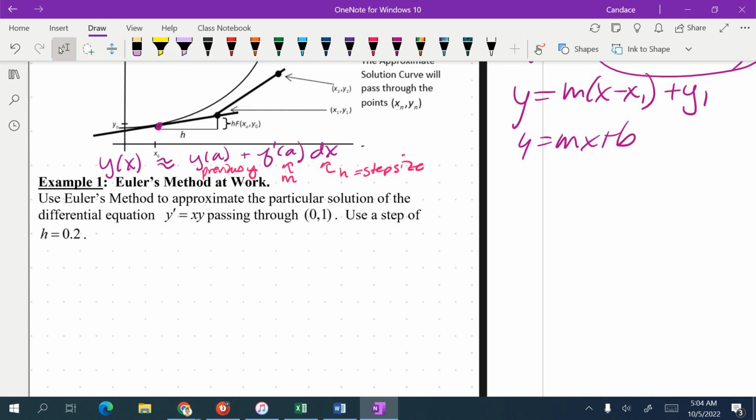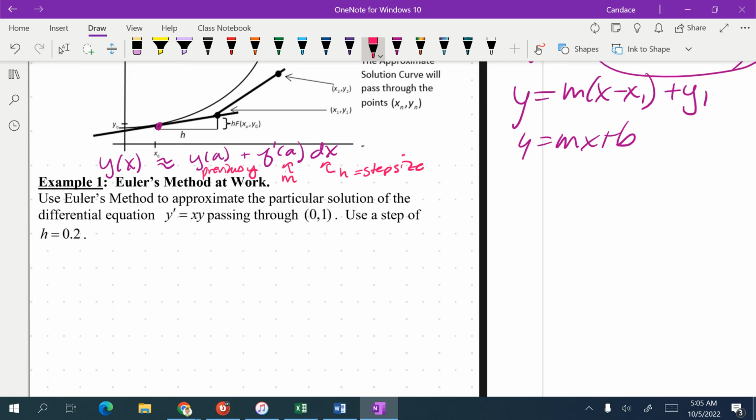All right, example one, we're going to use Euler's method at work. We're going to use Euler's method to approximate the particular solution of the differential equation y prime equals xy passing through the point 0, 1, and we're using a step size of 0.2.